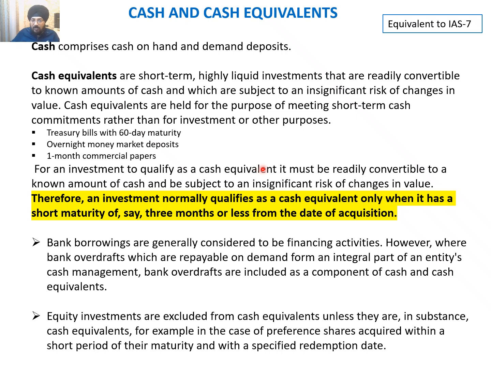For an investment to qualify as a cash equivalent, it must be readily convertible to a known amount of cash and be subject to an insignificant risk of change in value. Absolutely yes. The risk associated with that short-term investment should be absolutely insignificant. And we have invested with an intent that it's going to convert into cash in a very short period of time. Therefore, an investment normally qualifies as a cash equivalent only when it has a short maturity of say 3 months or less.